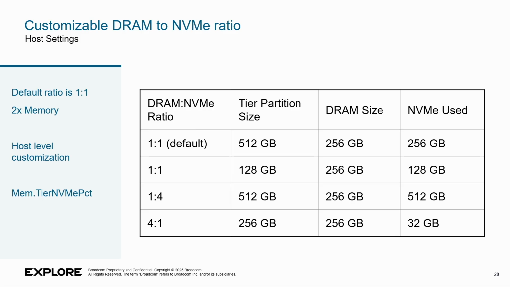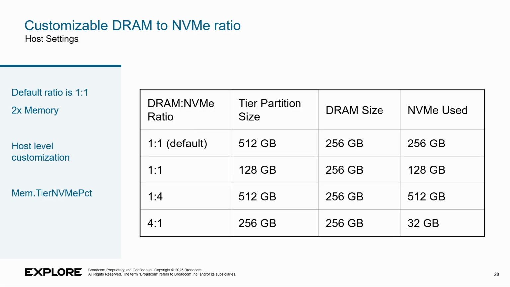Even if you use a smaller partition, with cell cycling it will last you a little longer if you have a bigger drive. So definitely recommend that. In my case, I would probably buy a 4 terabyte drive, and let's say the DRAM on my host is 256, right? We create a big partition, but we will only use 256 because our default ratio is 1-to-1. So even though we have a larger partition, we will only use that.